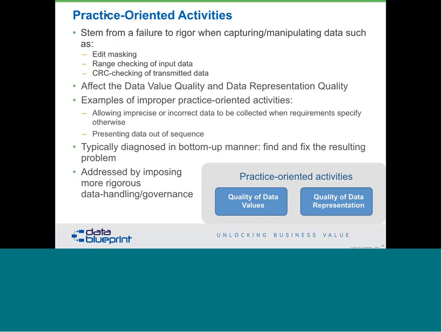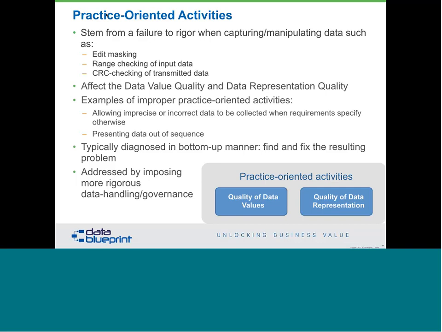So examples of poorly followed practice-oriented activities would be allowing imprecise or incorrect data to be collected when the requirements specify otherwise, or even something as simple as presenting the data out of sequence given a set of things. Typically, these are diagnosed in a bottom-up manner where we find and fix the resulting problem, but they can be addressed by implementing more rigorous data handling and governance around this.